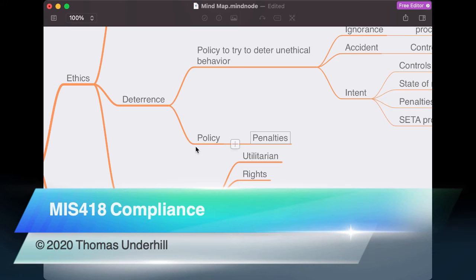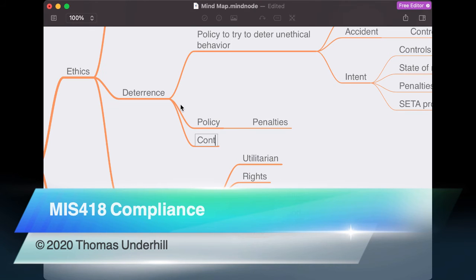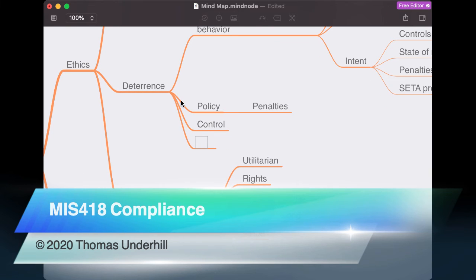We can also have, as another means, a control. This could be a technical control or something else. And then sometimes there are laws that apply, so there can be a penalty as well for laws.